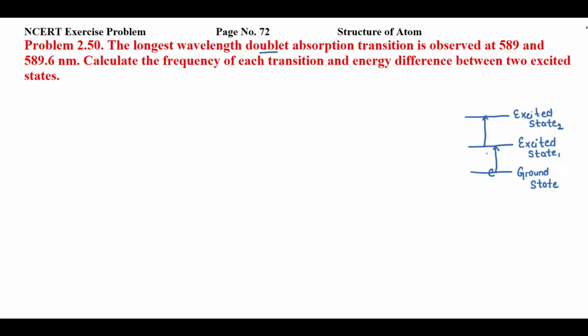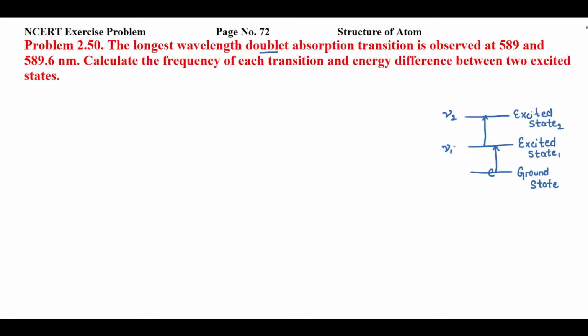That means double absorption means this electron absorbs energy two times, and transition means this electron first goes to the excited state 1 and then afterwards goes to the excited state 2, right? Now from this we have to find the frequency of each transition. That means first of all I have to find the frequency of excited state 1 and then frequency of excited state 2, right?